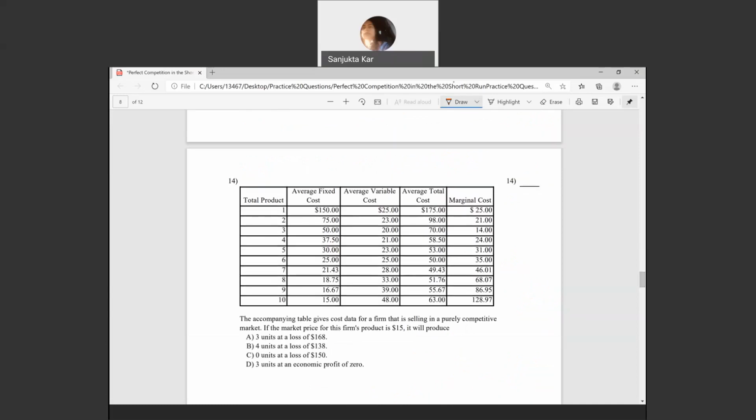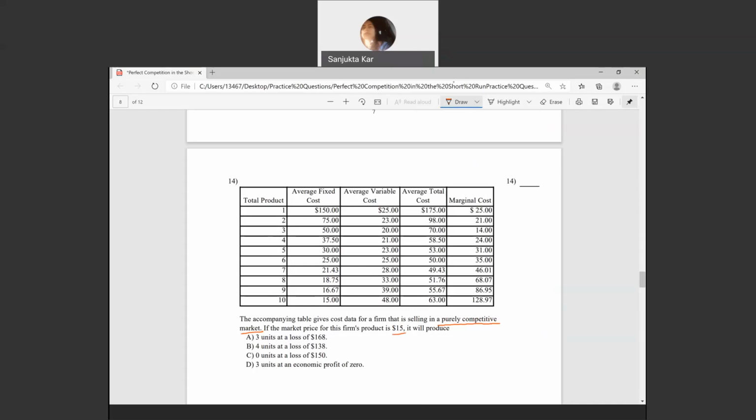Okay, question number 14 is not really difficult at all. This can just mess with your head, but I'm not going to let this mess with anyone's head. It says the accompanying table gives the cost data for a farm that is selling in a purely competitive market. If the market price for this farm's product is $15, it will produce how many units?